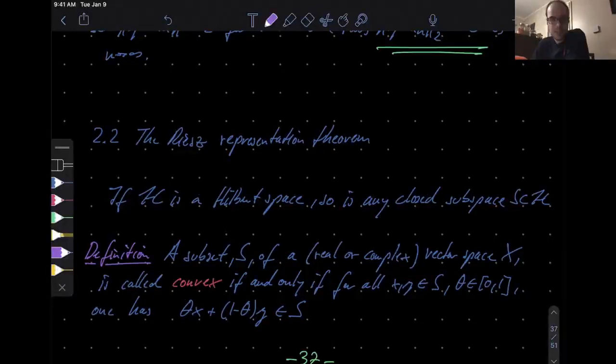Okay, so to begin with, a few observations up front. If you have a Hilbert space H, and any closed subspace, then I claim that is also a Hilbert space. Why is this? Well, you have an inner product by definition in that capital H. So if you restrict the inner product to vectors in the subspace, then this will define an inner product on that subspace.